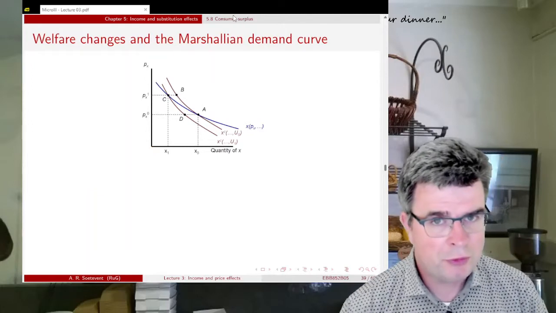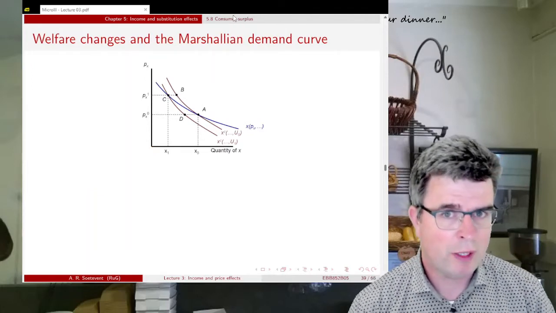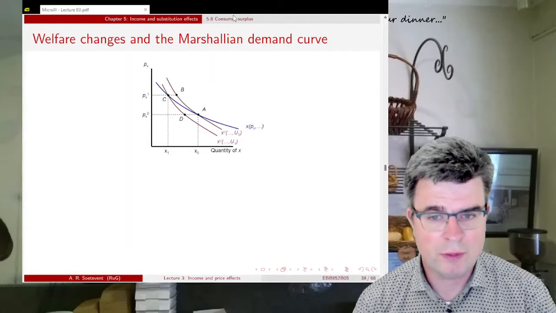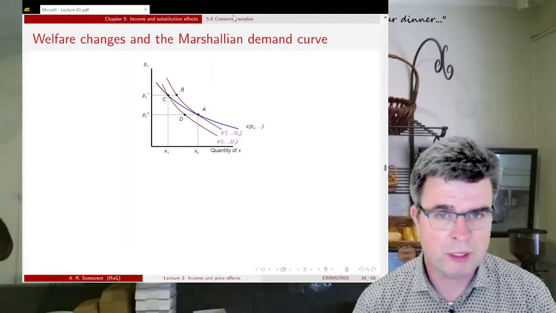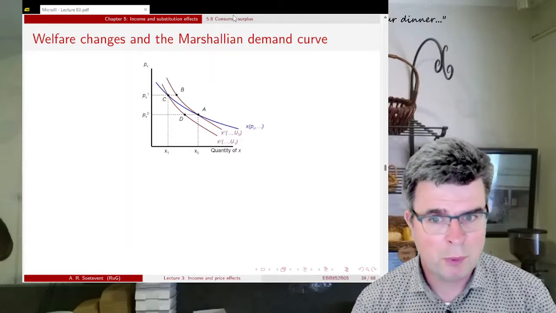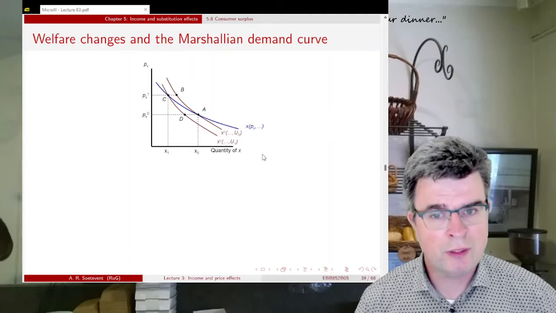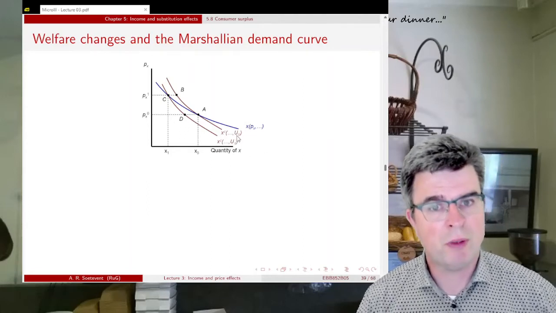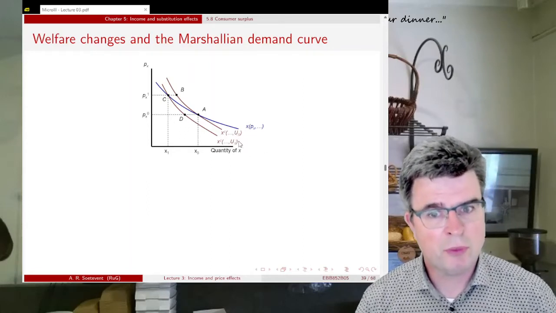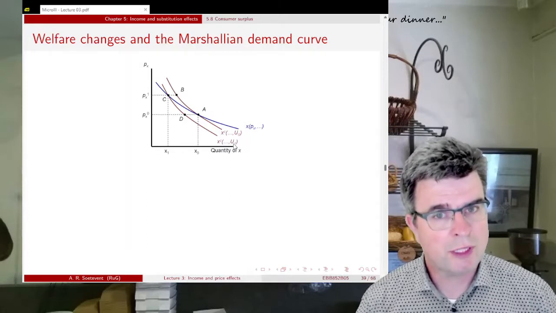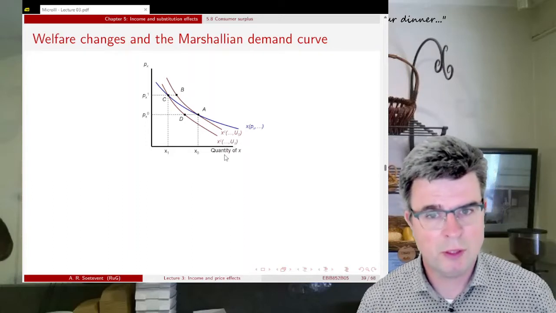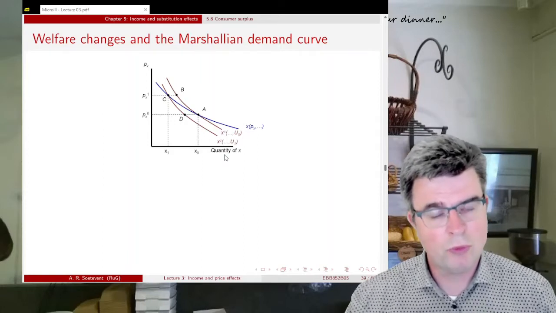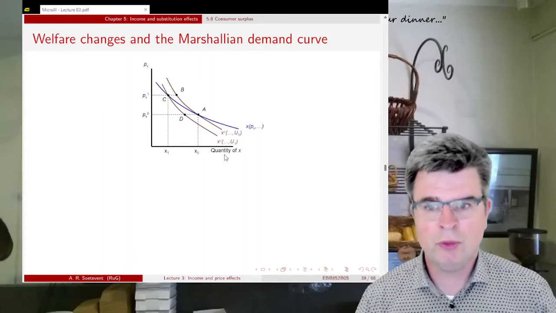Then an additional question you may have is, we have a compensated demand curve, and we can use that to calculate the welfare loss, but we have fixed the utility level at the initial level U0. But instead we could also use the compensated demand curve plugging in the new utility level U1. And this sounds a little bit arbitrary, whether we take the old utility level as a starting point or the new utility level.